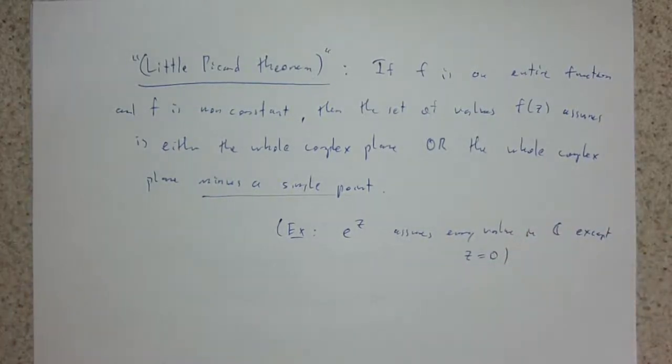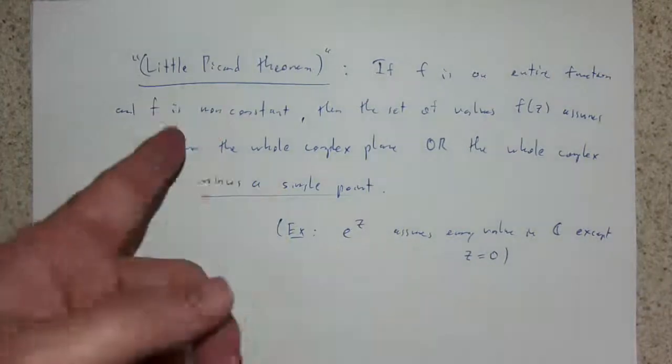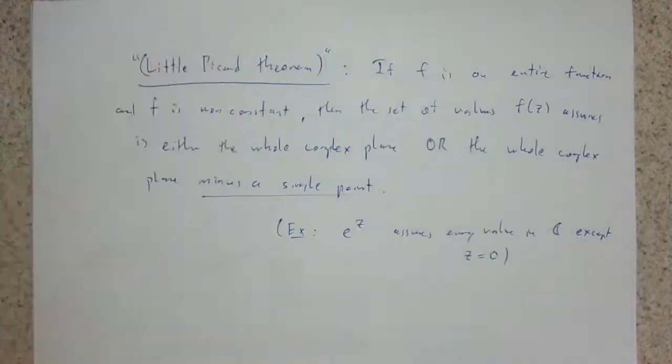So e to the z is entire and non-constant, and it assumes every single value in the complex plane except 0. This is your canonical example of why you have to include the possibility that it misses a single point. But this is the only option. It either hits the whole complex plane, or it hits the whole complex plane minus a single point. So that's neat.